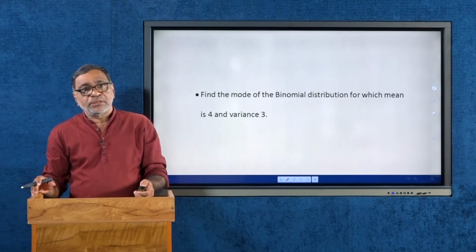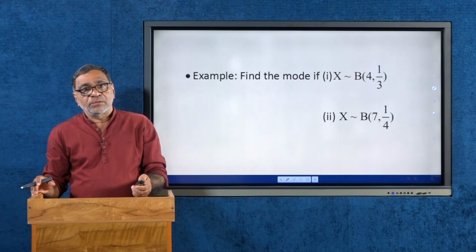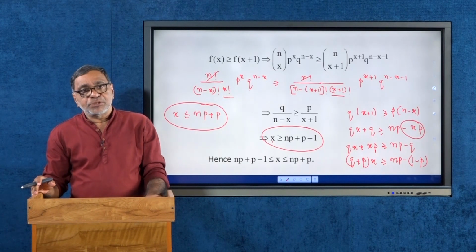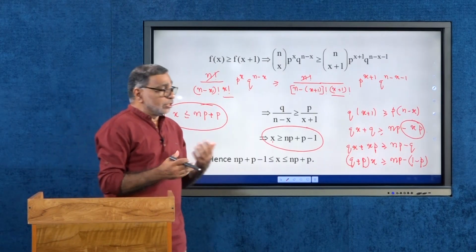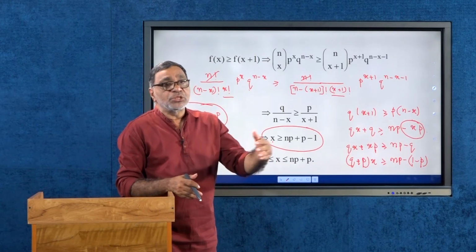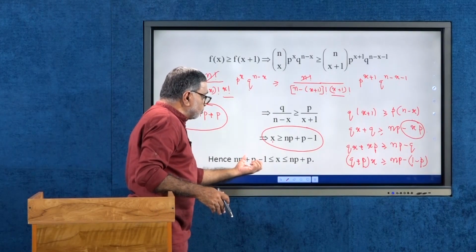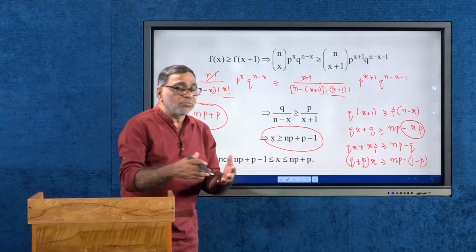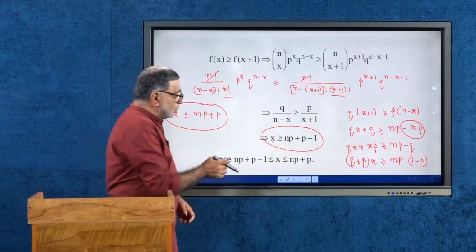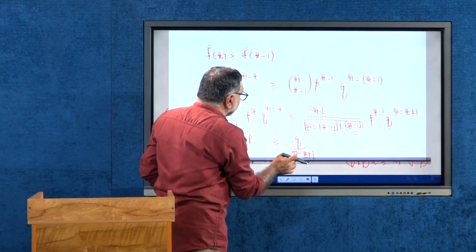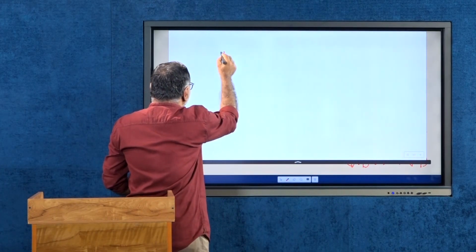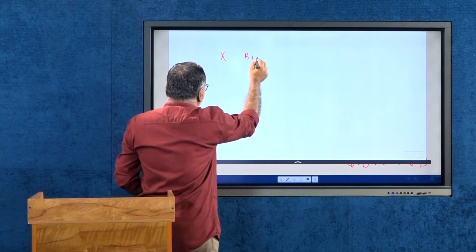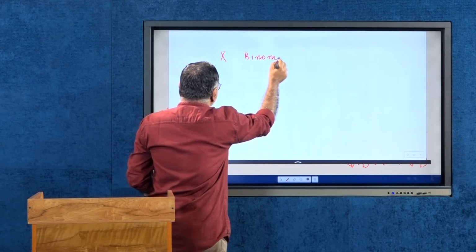But remember that np plus p minus 1 less than or equal to x less than or equal to np plus p means it is not possible to take all possible values from np plus p minus 1 to np plus p as the mode, because x is a binomial random variable.